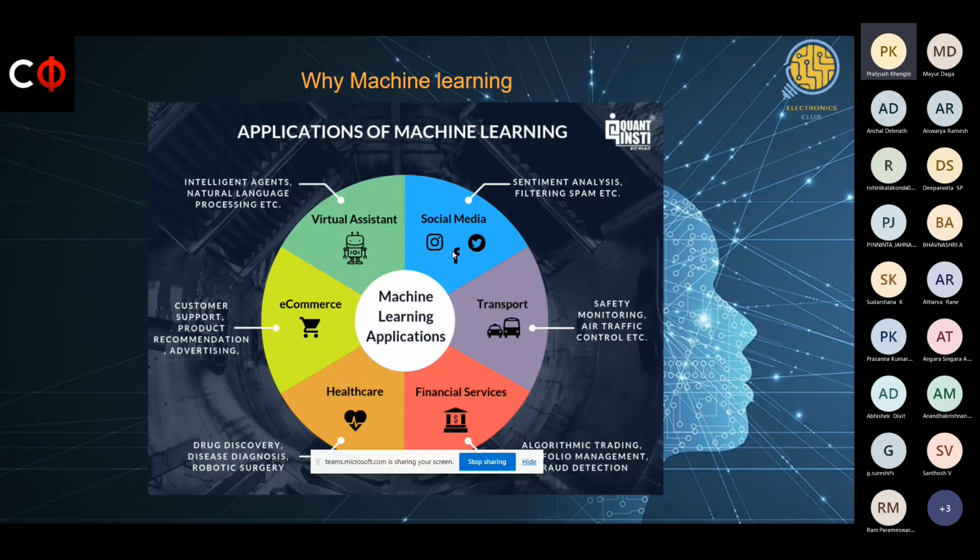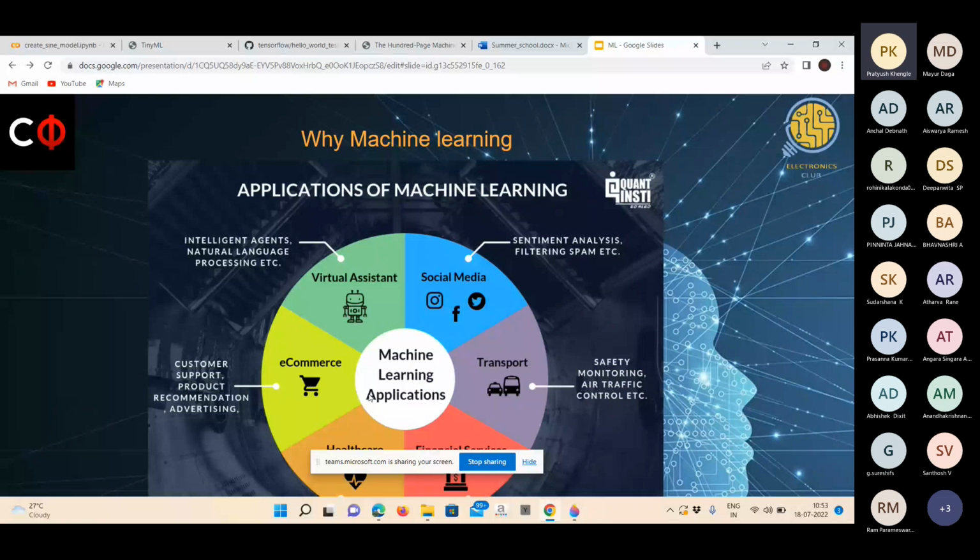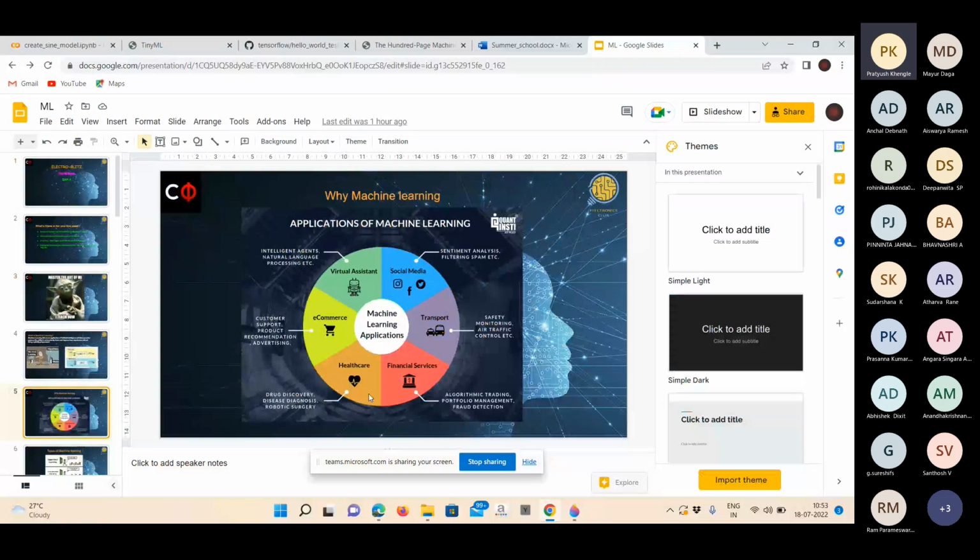Social media, virtual assistants, e-commerce, etc. These are just some places where machine learning is used. There are more such fields, and actually we don't have much time now, so let's continue with machine learning tomorrow. We have answered what and why. Let's start with how from tomorrow.